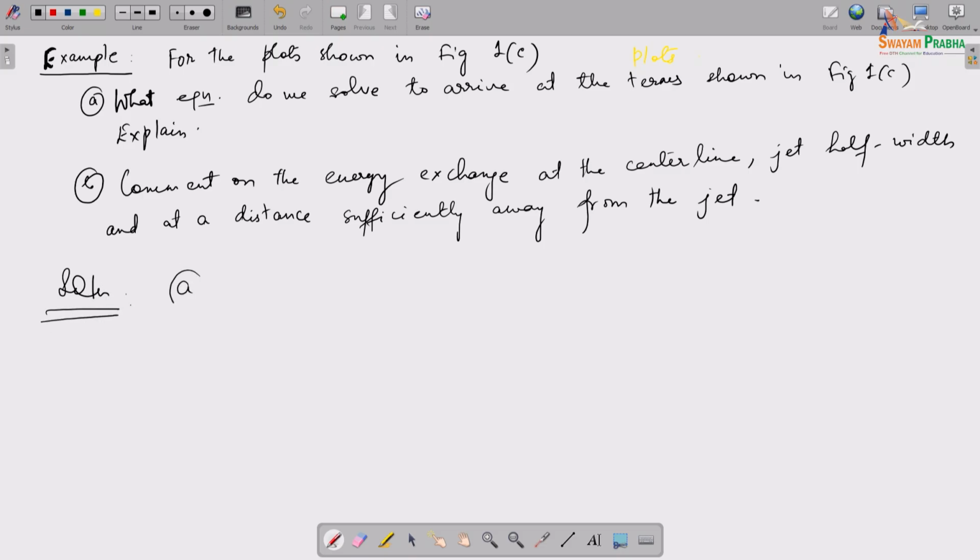Now A, what equation do we solve to arrive at the terms shown in Figure 1C?